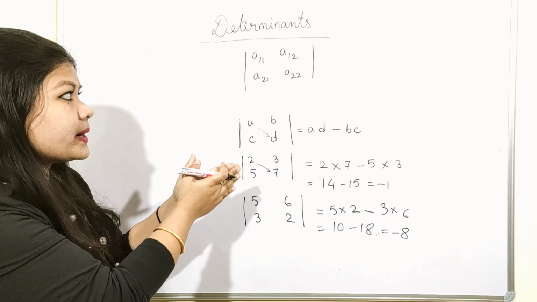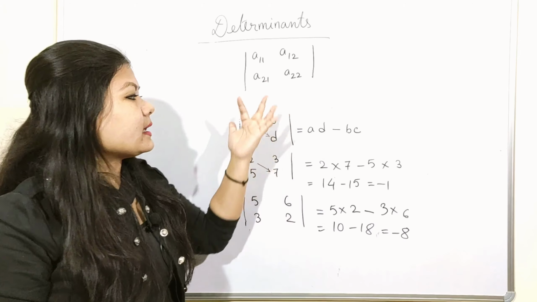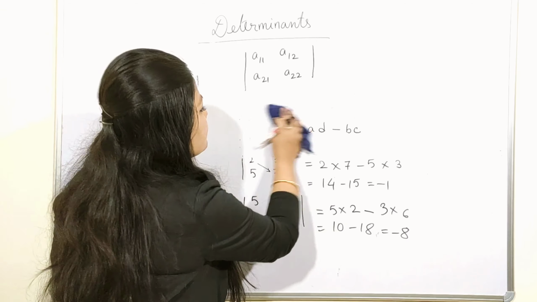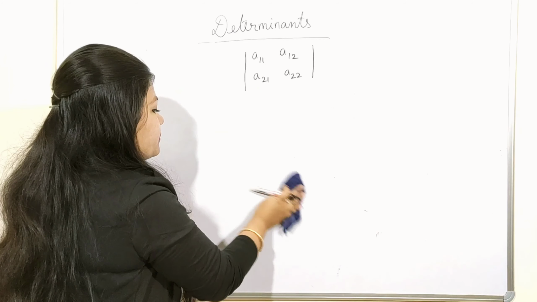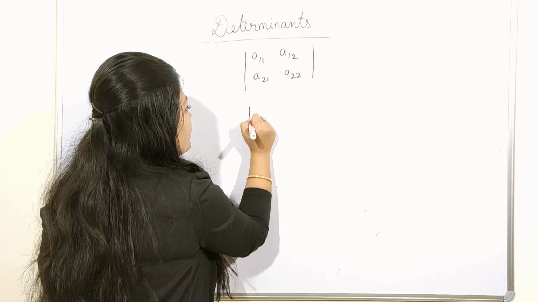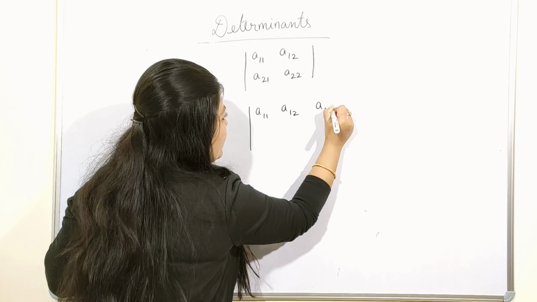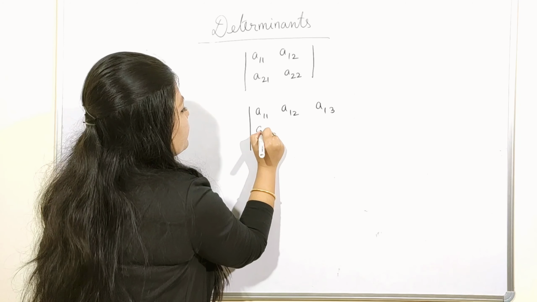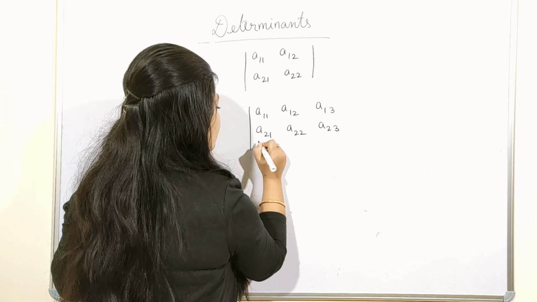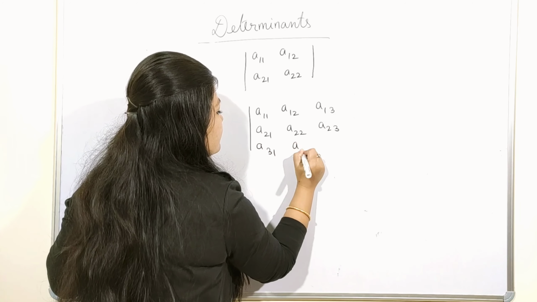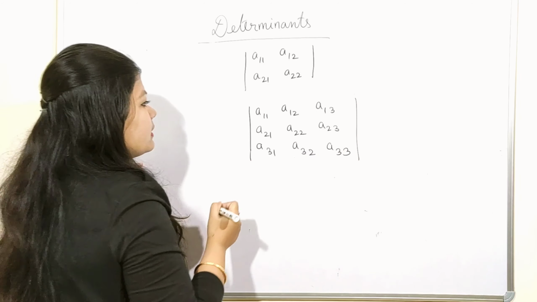So for 2 by 2 determinant, this is the general determinant form, and for 3 by 3 determinant there will be one extra row and extra column. So it will be A11, A12, A13, first row, third column. Then A21, A22, A23, A31, A32, A33.